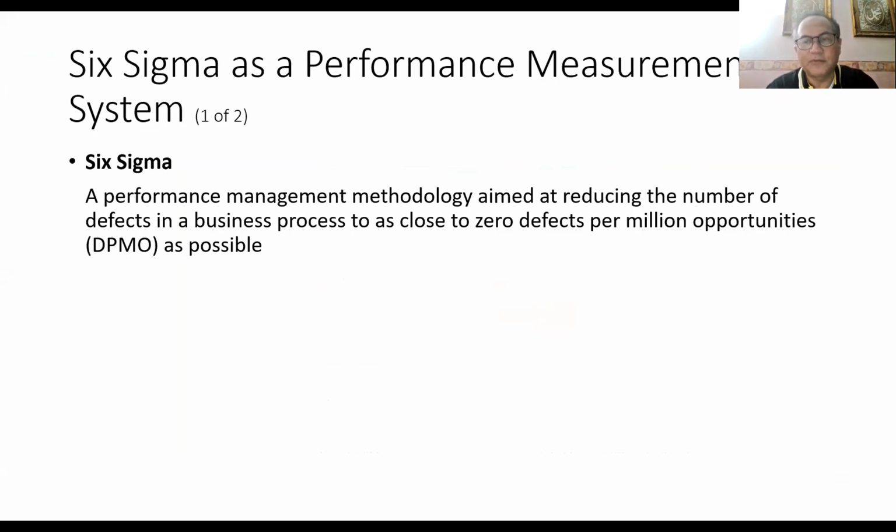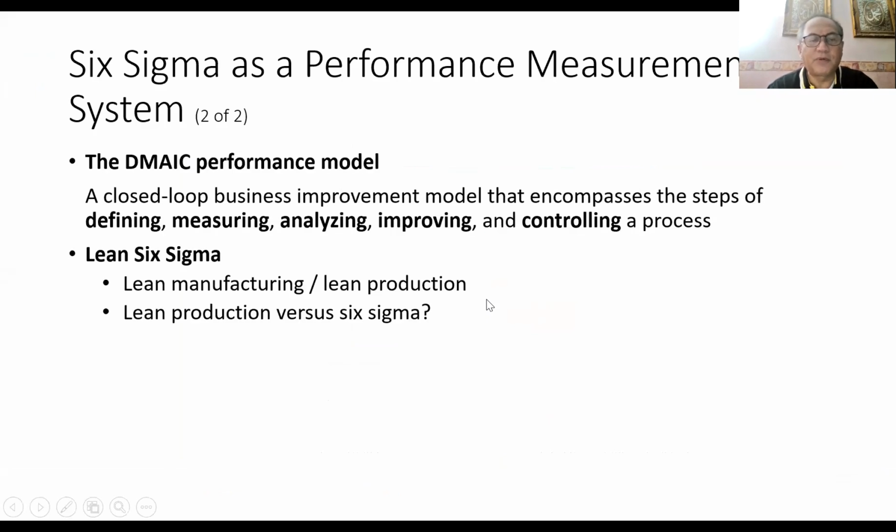It originated from production, but it can be applied towards business performance because they have this DMAIC performance model, a closed loop business improvement model that encompasses the steps of defining your goal, measuring, analyzing, improving, and controlling a process.